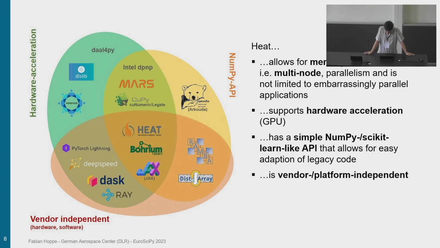The next thing I already mentioned: since we built on PyTorch, we can make use of the vendor or platform independence of PyTorch. So, for example, if PyTorch supports an accelerator like a GPU, that's in principle also possible for HEAT. And we do not require very specialized software.